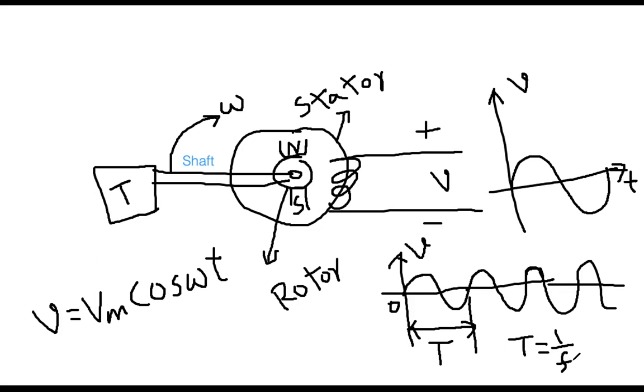For example, for the United States, the frequency is 60 hertz, that you all know. So therefore here we have frequency F is 60 hertz. You all know the definition of frequency, number of cycles per second. That is that number 60.